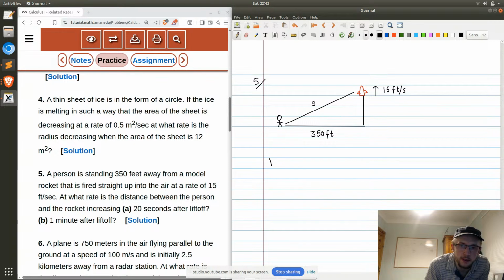Okay, so what's the relationship here? The relationship is that S squared will be 350 squared plus 15 times however much time it's been traveling in the air, and all of that squared, and that's true. And what else?